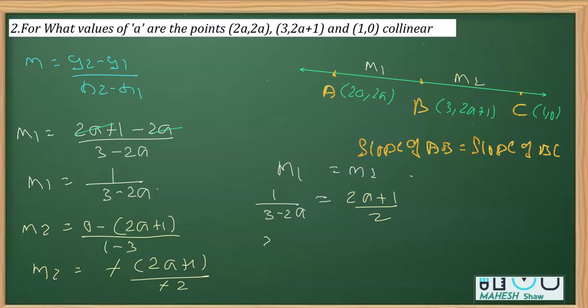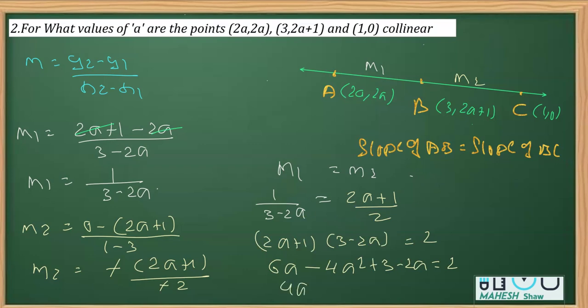So 2A plus 1 multiplied by 3 minus 2A is equal to 1 multiplied by 2, that is 2. Using the distributive property, this is 6A minus 4A square plus 3 minus 2A is equal to 2. Now 6A minus 2A is 4A, so minus 4A square plus 4A plus 3 is equal to 2.